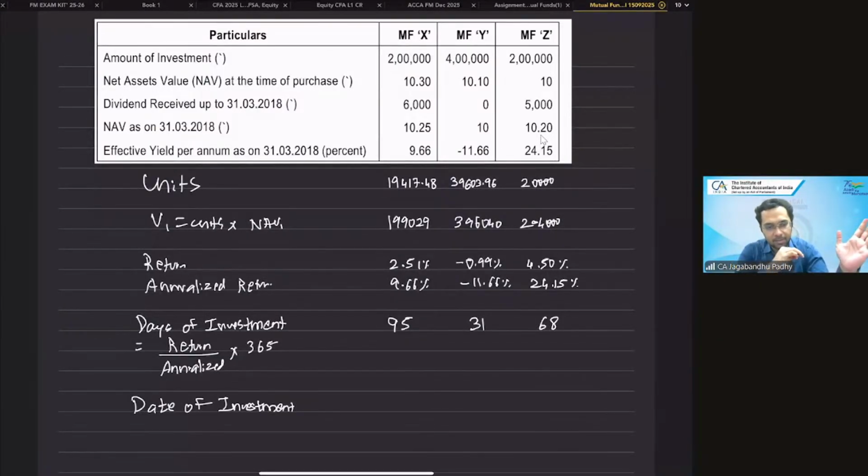Just go back by that many number of days and give me the date of investment. So we have to do it from 31st March 2018 backwards.